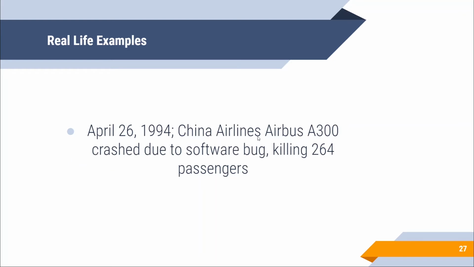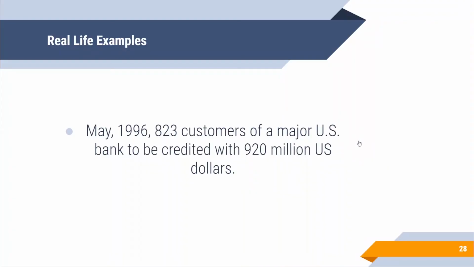Okay. Yeah, so here's a real life example. On April 26, 1994, a China Airlines Airbus A300 crashed due to a software bug, and it actually killed 264 passengers. So it really shows how important identifying bugs and errors in software programs is. Another example is in May 1996, 823 customers of a major US bank were credited with 920 million US dollars.